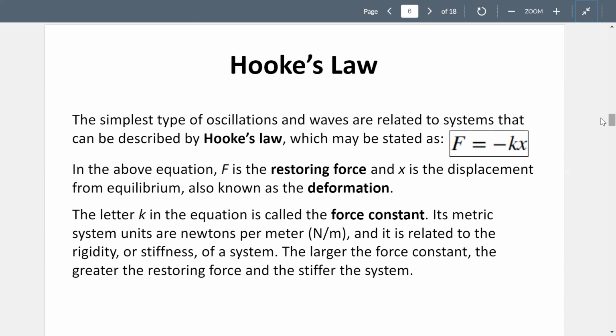Now, you might notice also in this formula, there's a minus sign. That minus sign is because it's a restoring force. So whichever direction you stretch it or disturb it from equilibrium, a restoring force brings it back in the opposite direction.